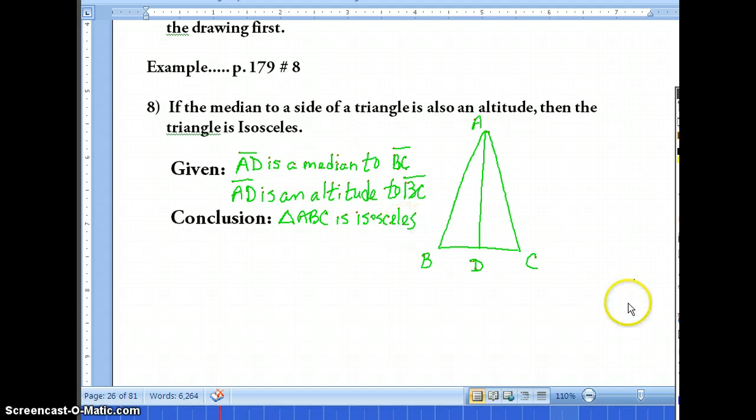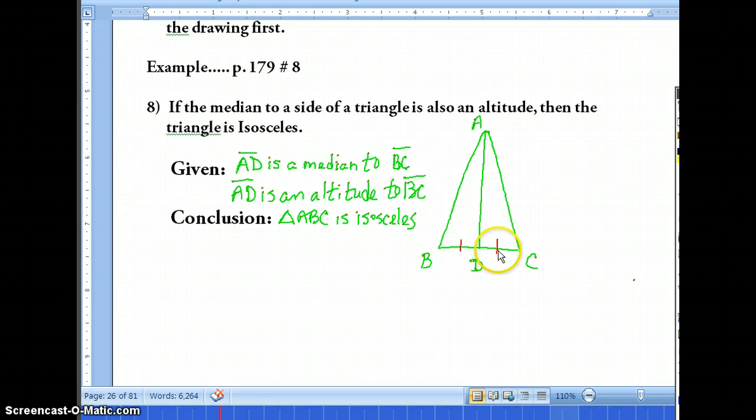Well, let's take a look at that. We need to put some ticks and arcs in there that are going to help us prove this. First of all, in order for a triangle to be isosceles, they need to have either two sides congruent or two angles. Let's see what this information gives us. Medians give us one side of a triangle being divided into two congruent segments.